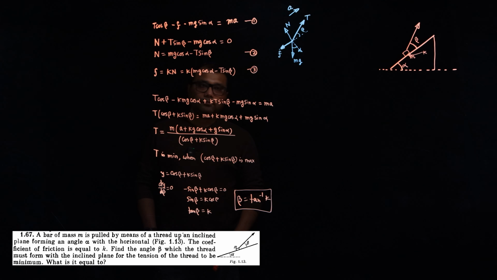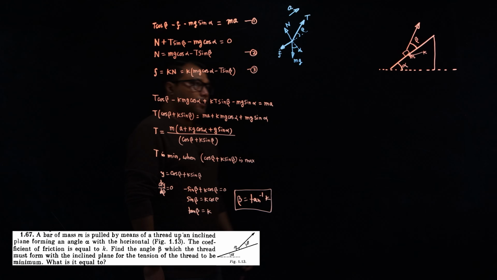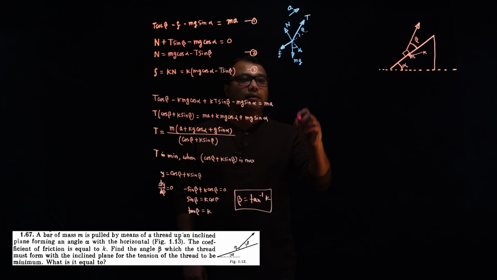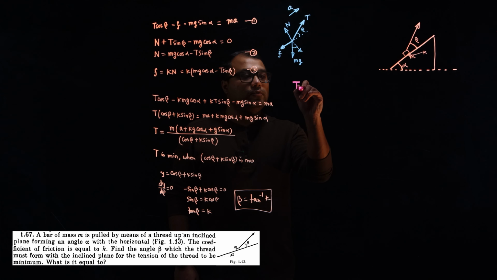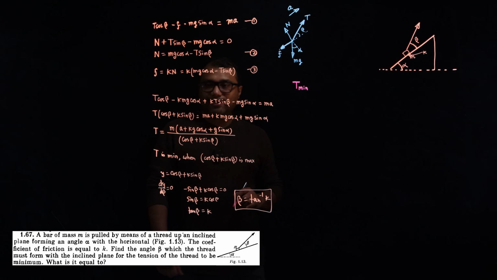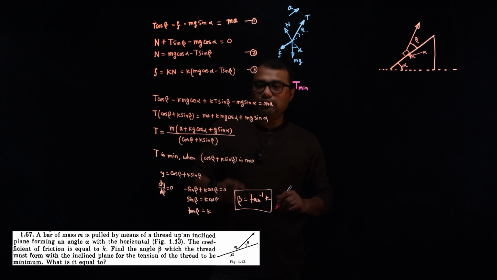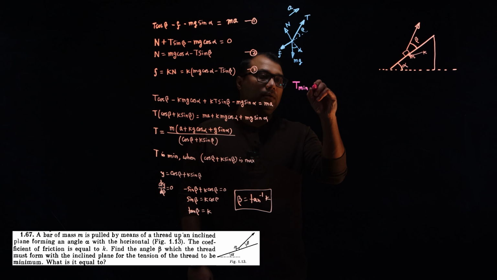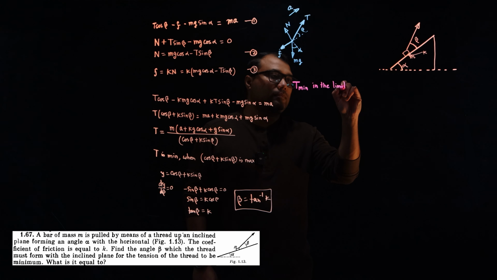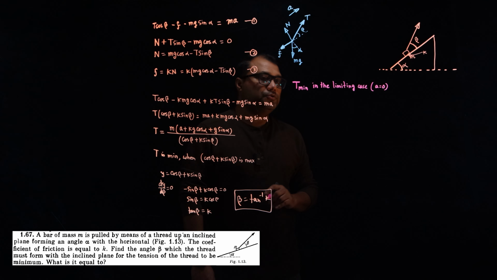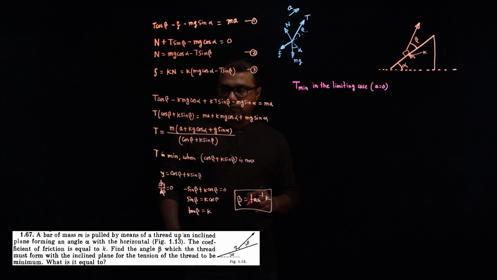Okay. Now what is the value of T min? To calculate that, in the limiting case when acceleration is just equal to 0, we can do this.